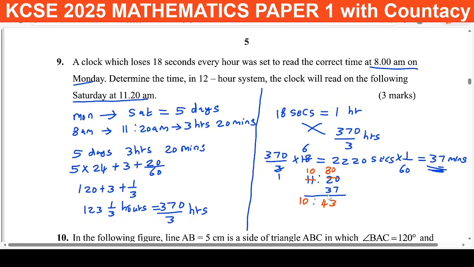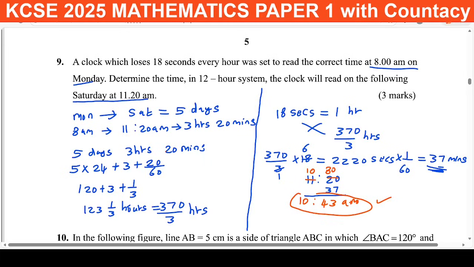And remember, this is time, it's in AM, it has not yet changed to PM. It's 10:43 AM, and this is the required solution for this particular question, and that's how you are supposed to solve it.